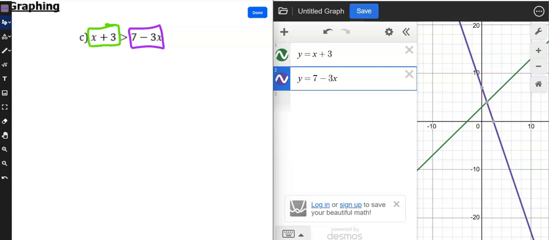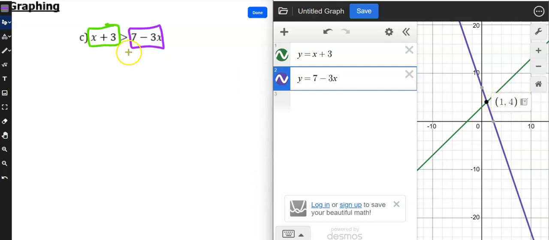You can see the color choices that Desmos chose. Green line is bigger than the purple line. Now, I'm hoping that you see that that's over here on the right side of the graph, when the green line is bigger than the purple line. So this intersection point is kind of important to me, because starting right here at an x value of 1 and going to the right.